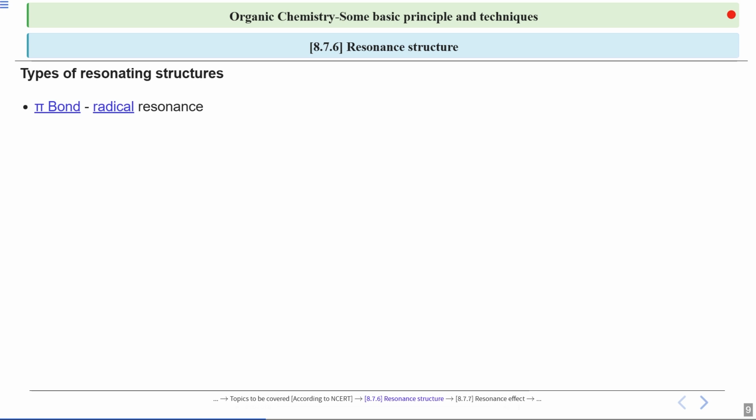Moving on to the third type. The third type is kind of interesting. It is pi bond and radical resonance. We have discussed a lot about radicals in homolytic cleavage. Now we will see how this radical can be stabilized. For that, we have a structure where we have a double bond and a single bond, then we have a radical.